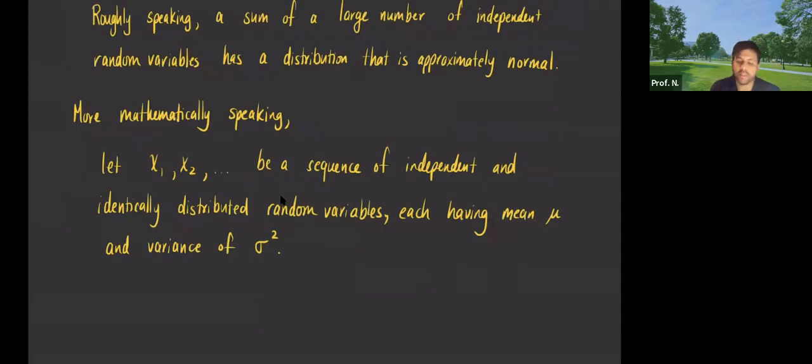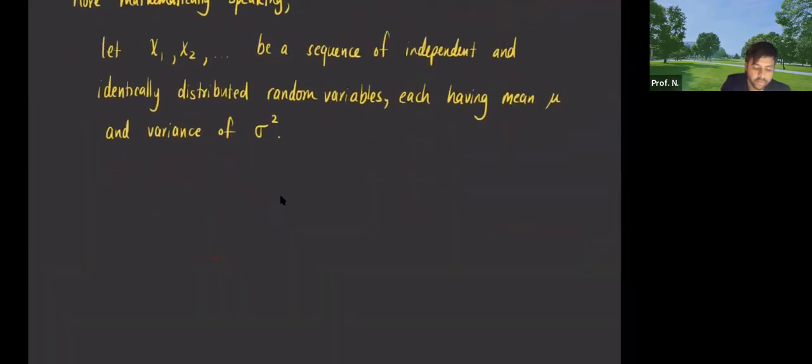So this sequence, dot dot dot, continues on forever. We have an infinite sequence of copies of the same random variable, having the same mean and the same variance.